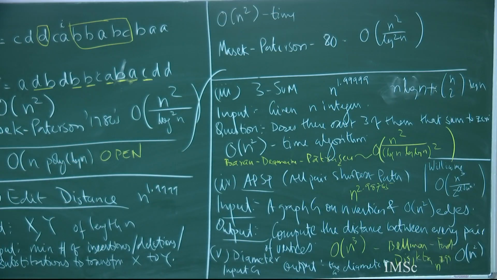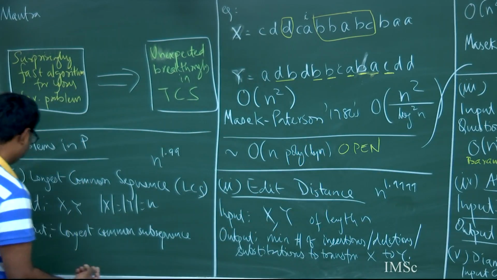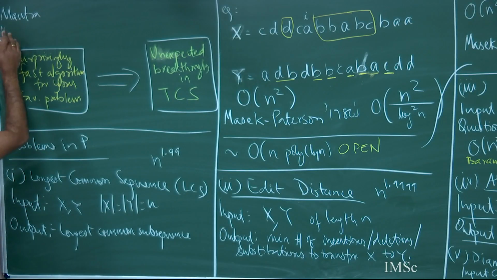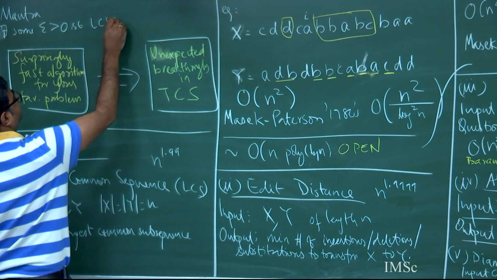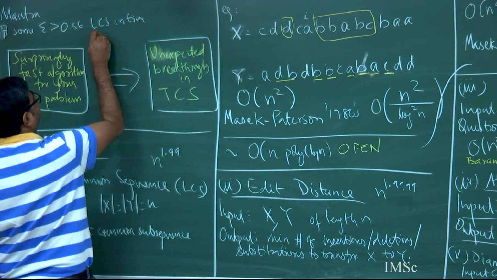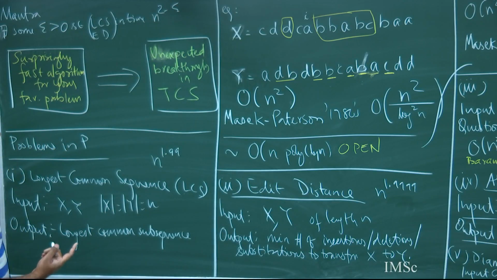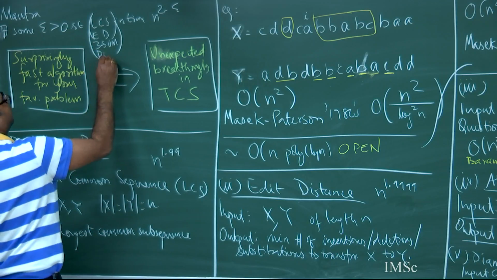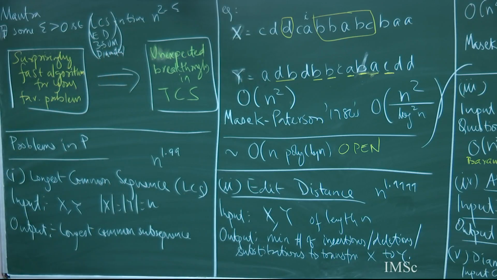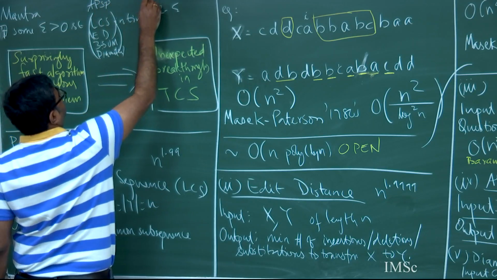So for all these problems, they have a natural barrier of n square, and when we want to break that natural barrier, in other words, there exists some epsilon greater than 0 such that I can do LCS or edit distance in time n to the power 2 minus epsilon, or I can do 3SUM in n to the power 2 minus epsilon, or I can do diameter in n to the power 2 minus epsilon, or I can do all pair shortest path in n to the power 3 minus epsilon.